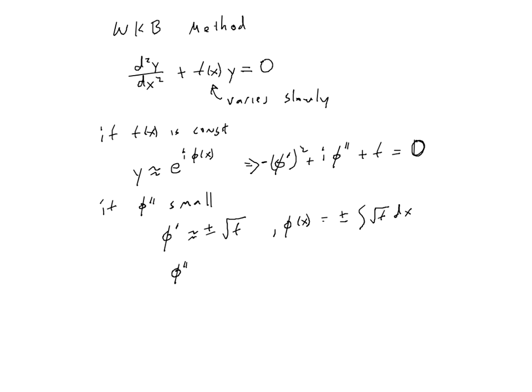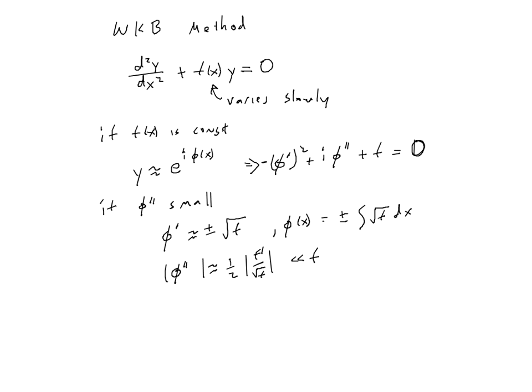Now phi double prime, the magnitude of that should be something like 1/2 the magnitude of f prime over square root of f, and that should be really small compared to f, which in turn means it's really small compared to phi prime. Okay, so we kind of assumed here that when it was small, it was 0, and then found a better solution for it.